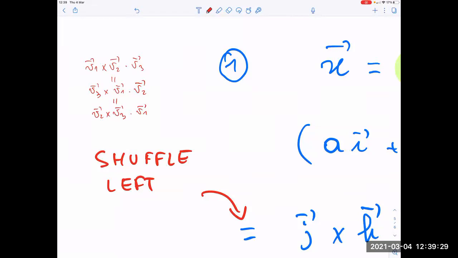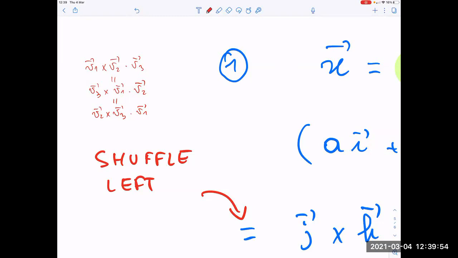This is if you shuffle, right? And you can also shuffle left, which means you just read backwards. So these are all the same. That's what we mean by these shuffling. So 1, 2, 3, 3, 1, 2, 2, 3, 1, right?